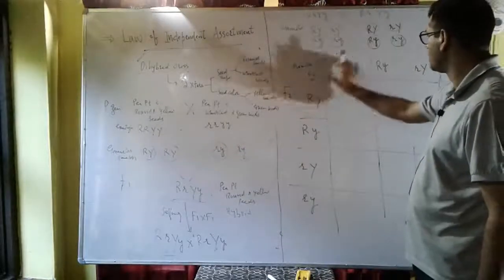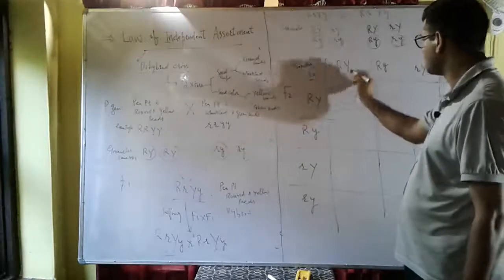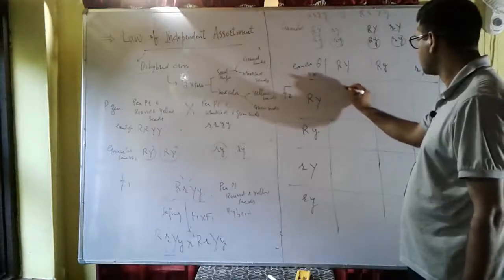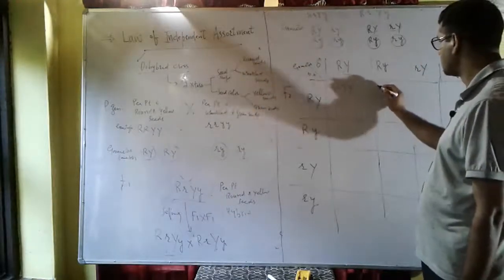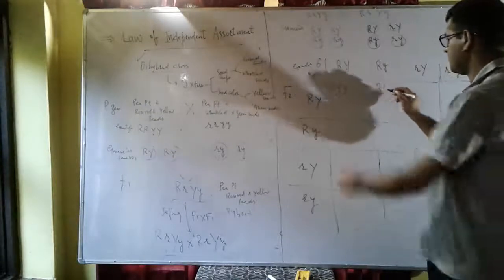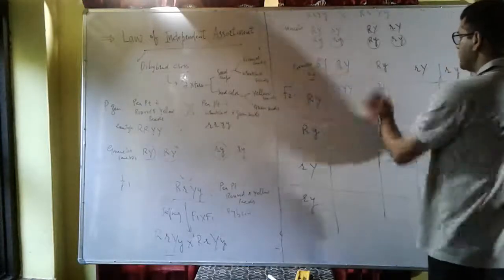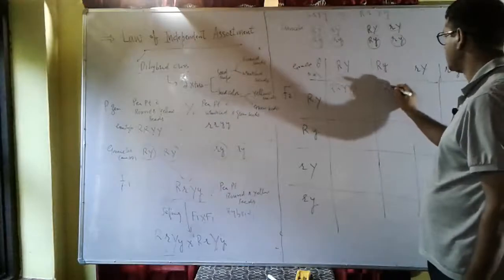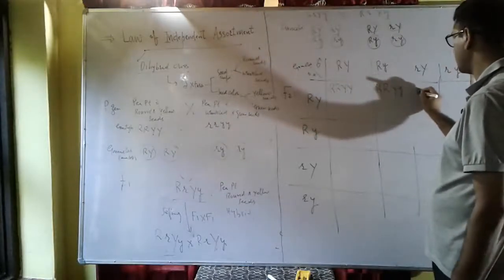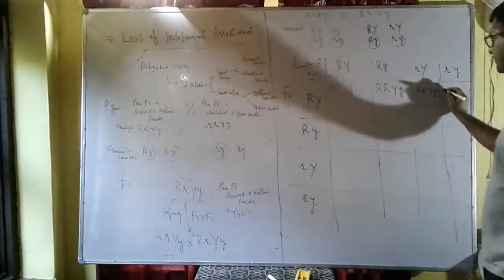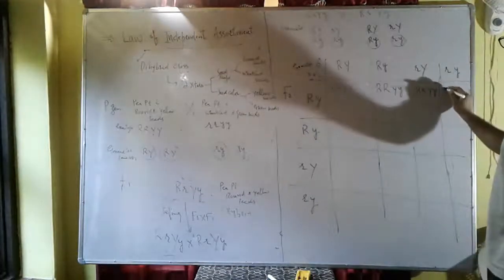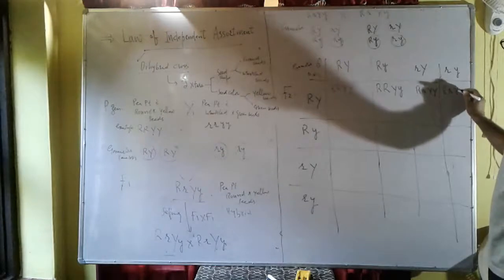This gamete will fuse with this gamete, so the individual has genotype capital R, capital R, capital Y, capital Y. This gamete will fuse with this gamete: capital R, capital R, capital Y, small y. Capital R, small r, capital Y, capital Y. This gamete will fuse with capital R, small r, capital Y, small y.